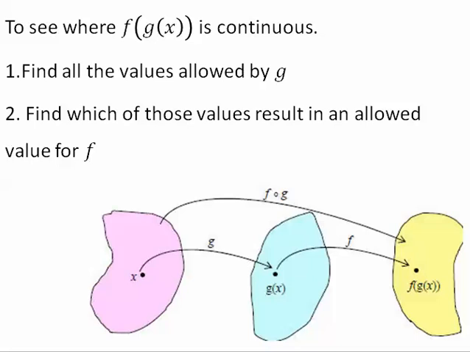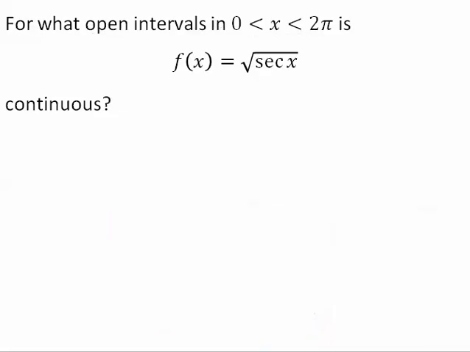You want to look at the inside function and find all the values allowed by the inside function. Then, of those values, which of those result in an allowed value for f? Let's do an example. This is a composition of secant and radical.